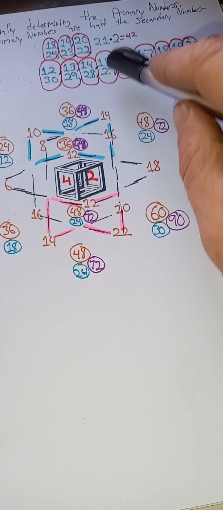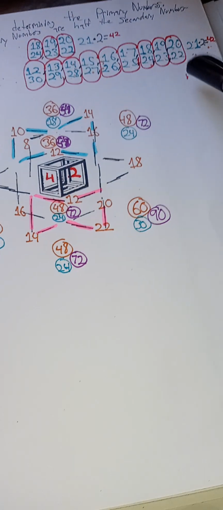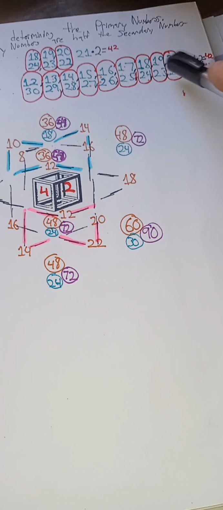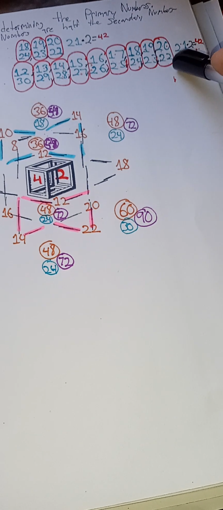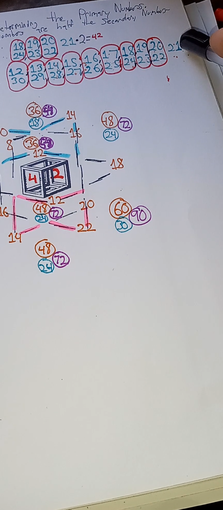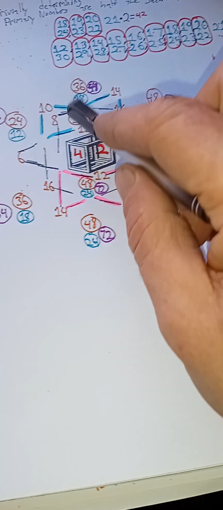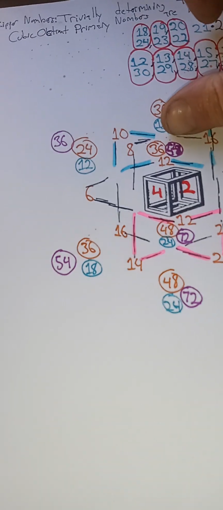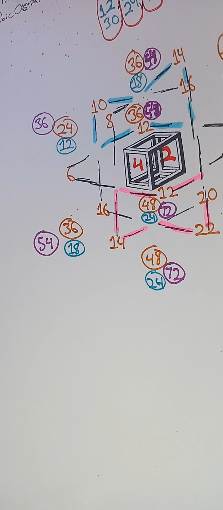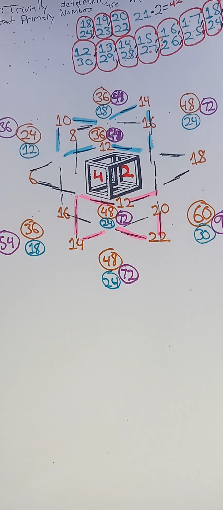That's because it's half of the previous primary and secondary numbers. And all these add up to 42, and 21 times 2 is 42. So that's a trivial way of getting the central ghost number, because if you already had the primary numbers, it's the easiest way to determine it.